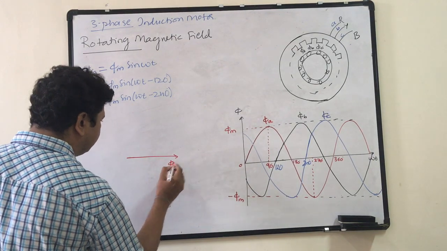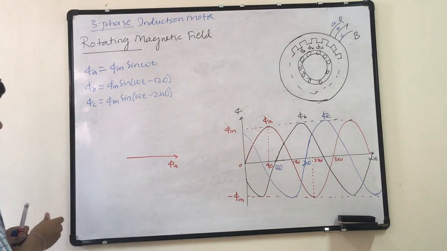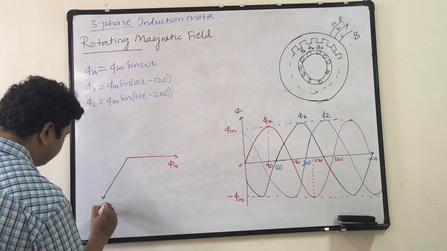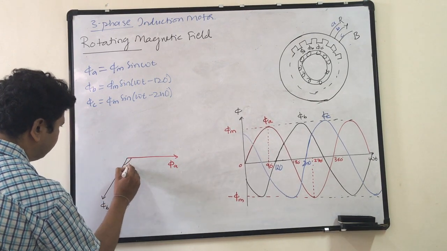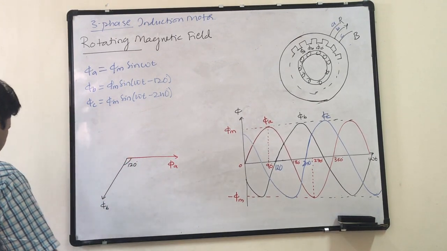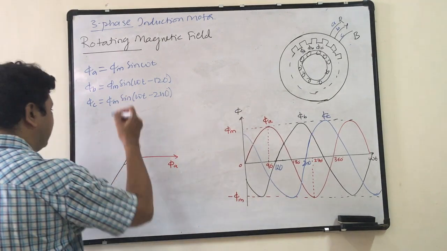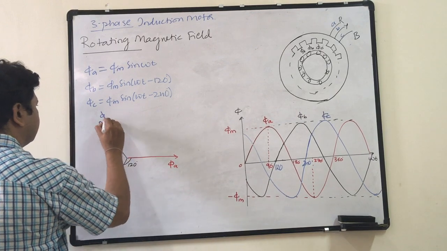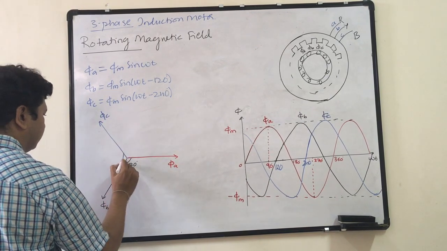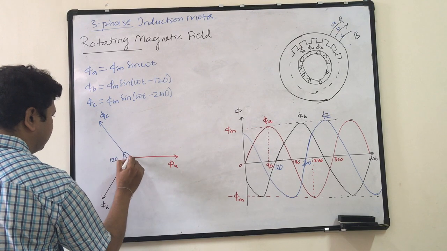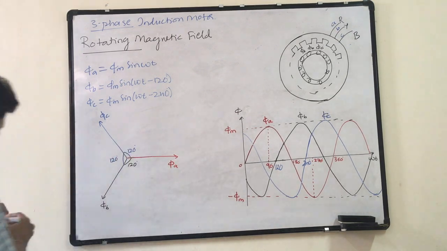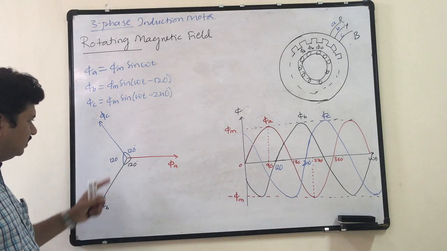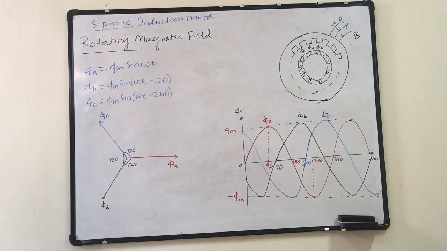This is phi A. Phi B will be lagging behind phi A by 120 degrees. And phi C will be lagging behind phi A by 240 degrees and phi B by 120 degrees. This is 120. This is 120. So these are the initial positions of the vectors.